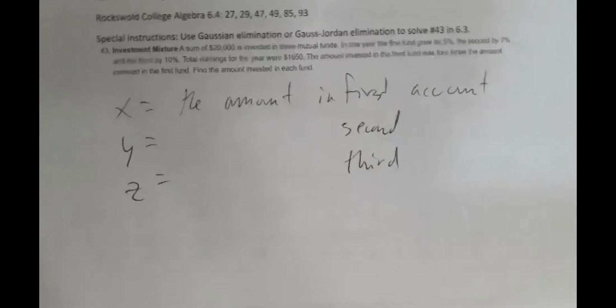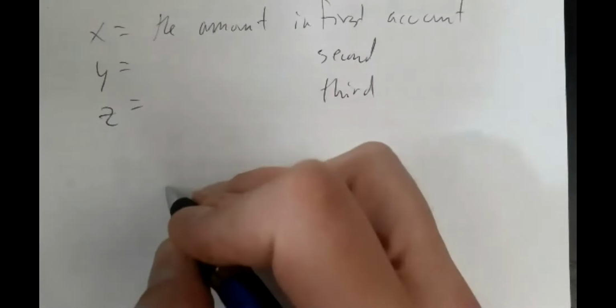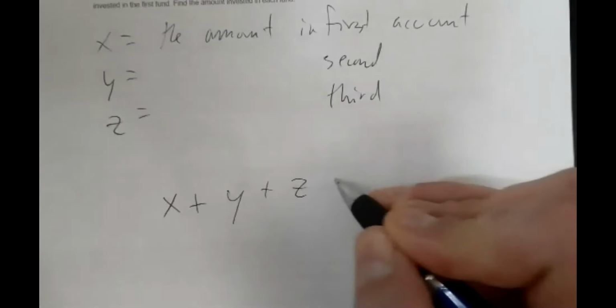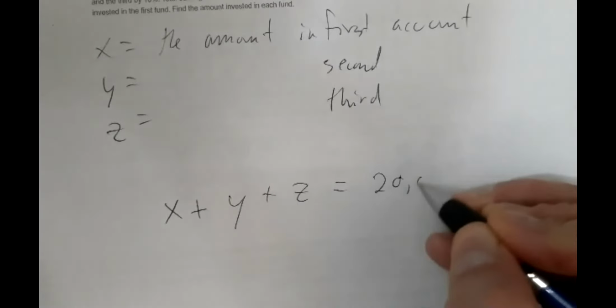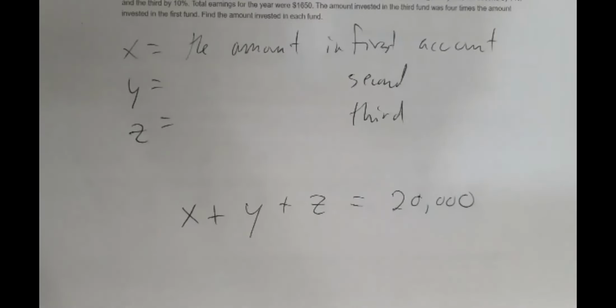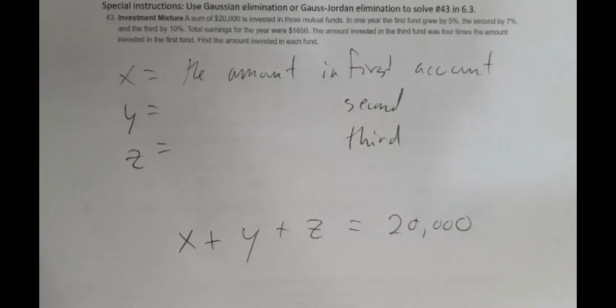And so the first thing they tell us is there is 20,000 in all 3 of these things. So we want to know how much money is in all 3 of these things. It should look like what? All 3 things, those things are being added. Yeah, ordered triple.